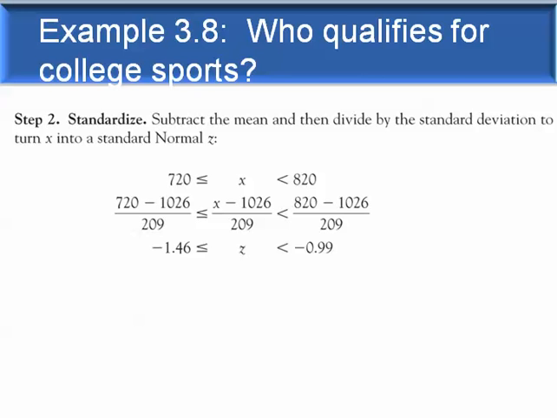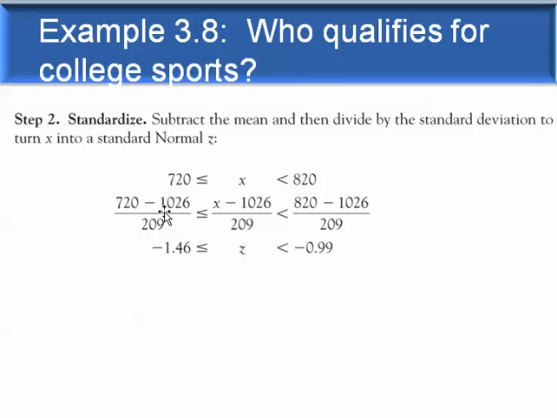Again, we're standardizing this because our table in the back of the book doesn't give us percentages for 720 and 820. We need to find out how many standard deviations away from the mean those are so that we can look that value up in the book. Since we're looking for an x value between 720 and 820, we need to standardize both of those values. We use the z formula, the value minus the mean divided by the standard deviation.